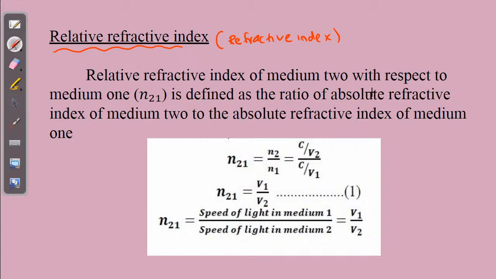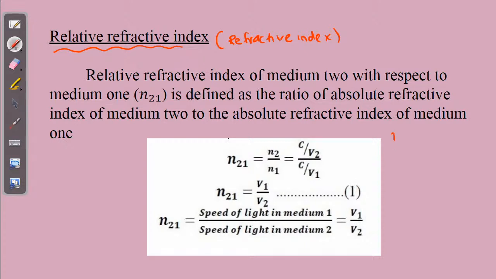Now we are modifying this definition like this. Relative refractive index of the two media is defined as the ratio of refractive index of the second medium to the refractive index of the first medium, or I can say the absolute refractive index of the second medium with respect to the absolute refractive index of the first medium.